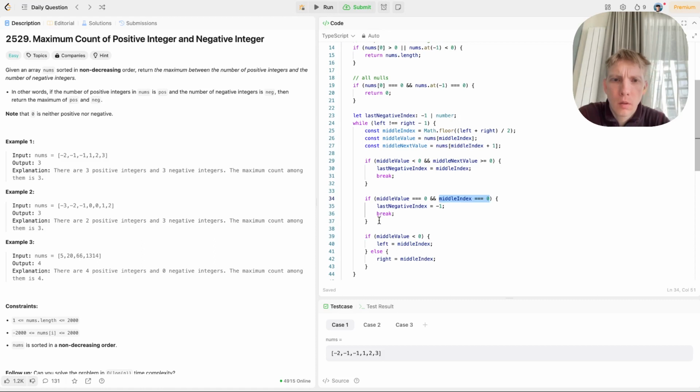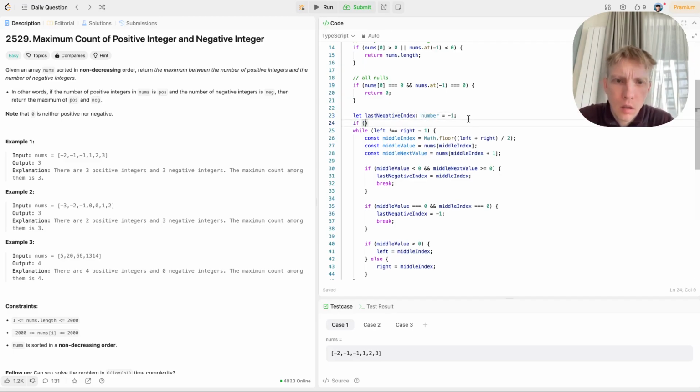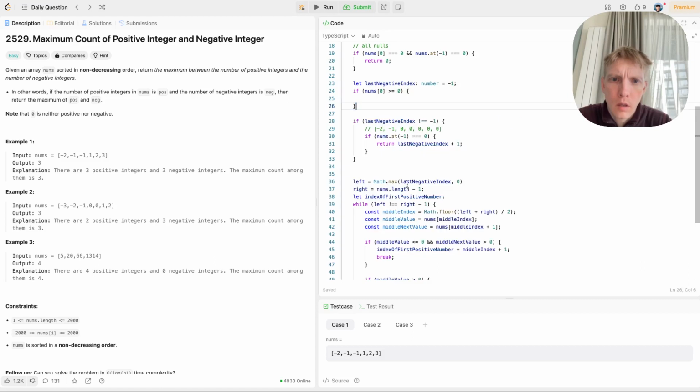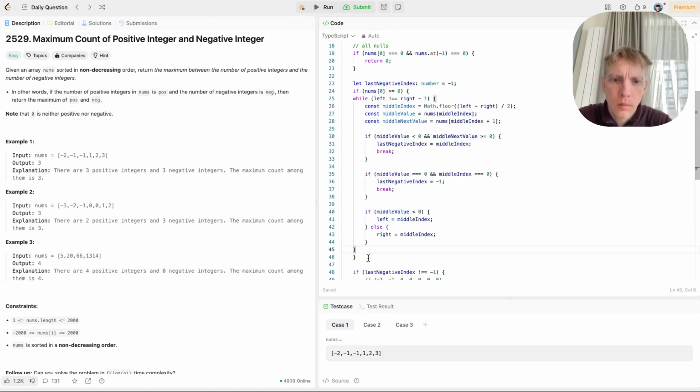We should make it simpler. Equals to -1. And if numbers 0 is bigger or equal to 0, only then we will start this loop.